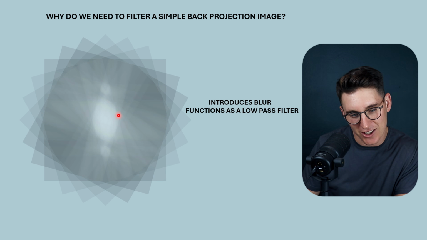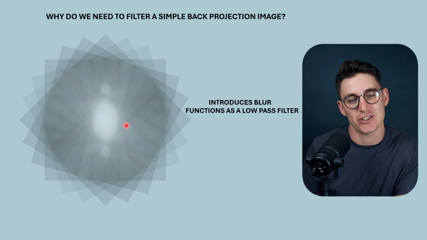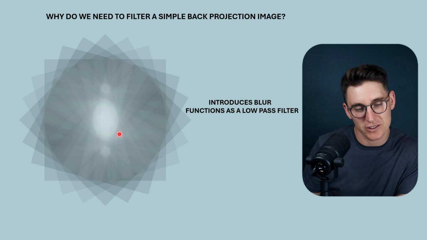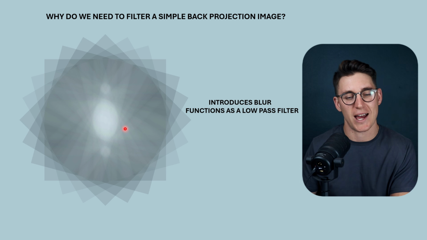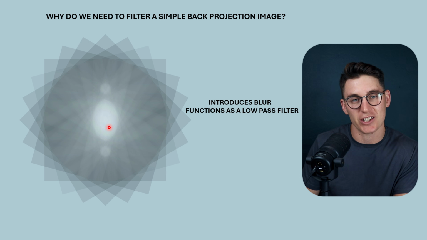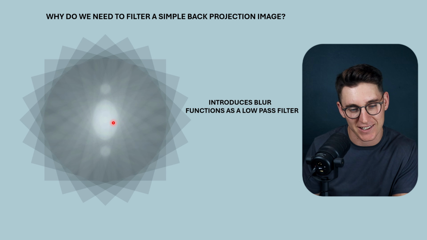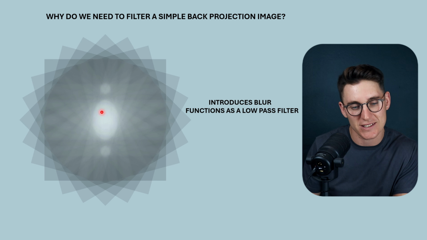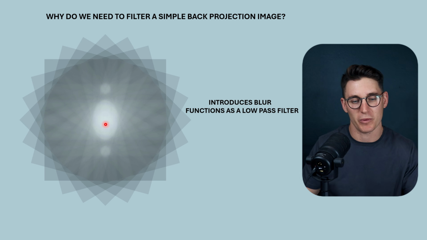As we add each layer, you can see how we lose edge definition and add blur to the edges here. The edges aren't well defined. What also happens as we add each layer of projection data, the attenuating structures are getting brighter and brighter. We're adding more and more values to these attenuating structures in the matrix that we're forming here.